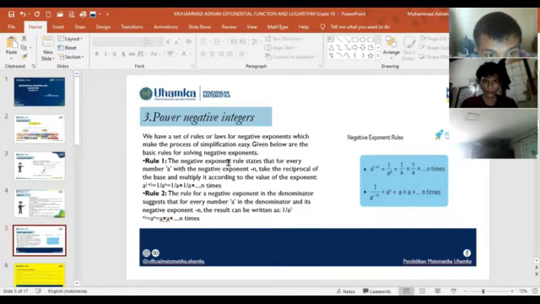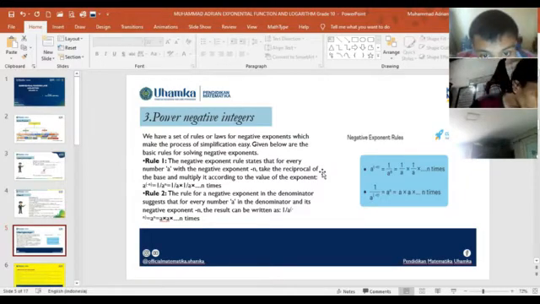Rule 1, the negative exponent rule states that for every number a with the negative exponent minus n, take the reciprocal of the base, and multiply it according to the value of the exponent.